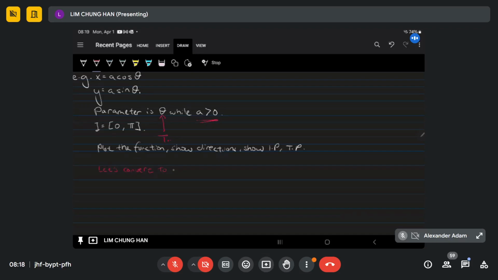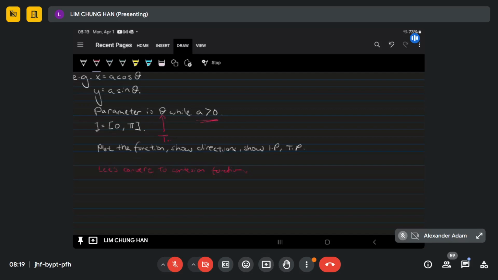Let's convert to a Cartesian function. From the question, we know x equals a cos theta, and y equals a sine theta.